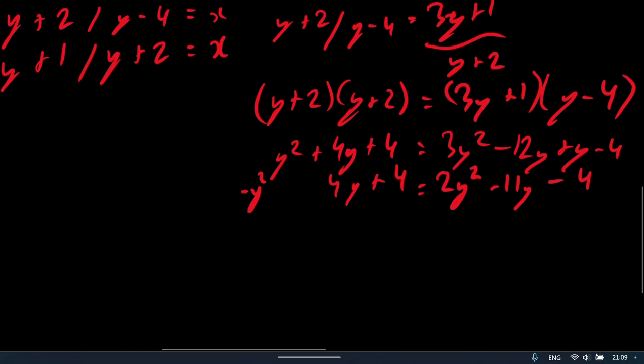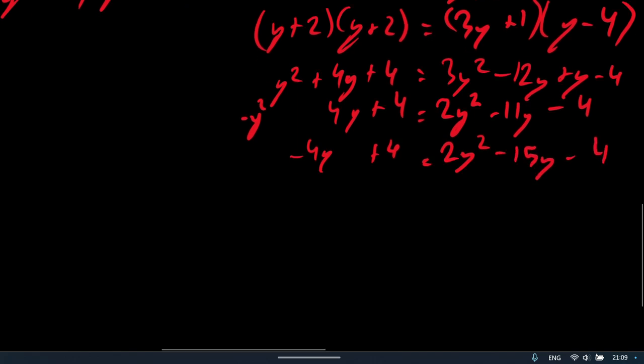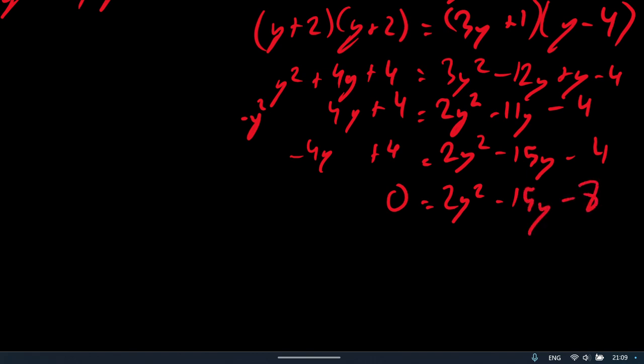Then let's subtract 4y from the other side, and the constants combine. So we get 2y squared minus 15y minus 8 is equal to 0.